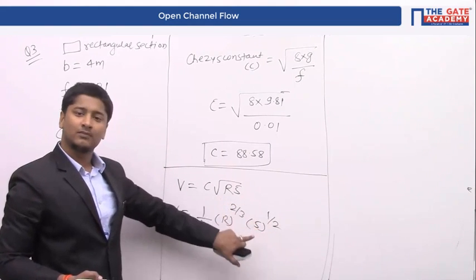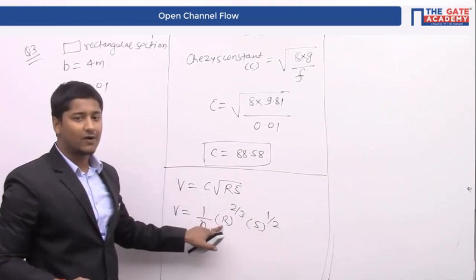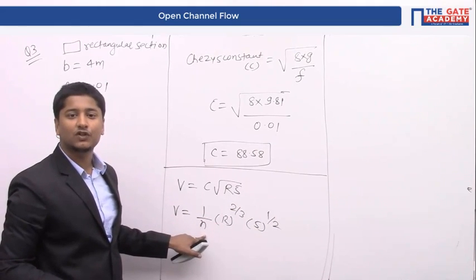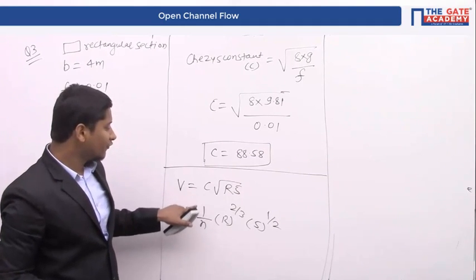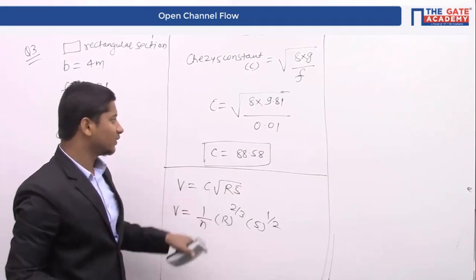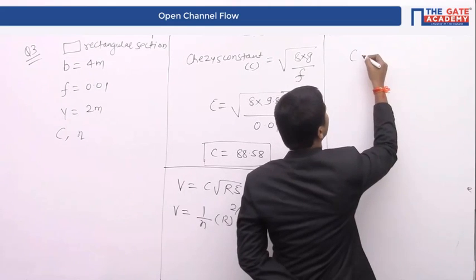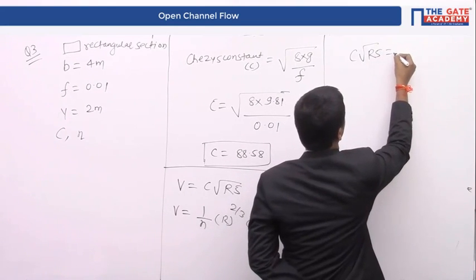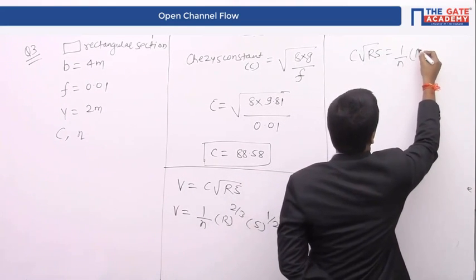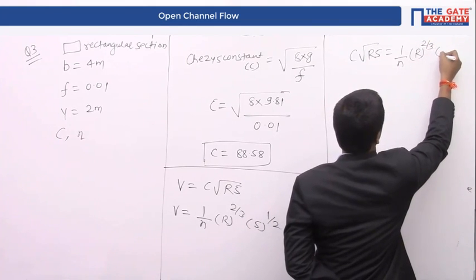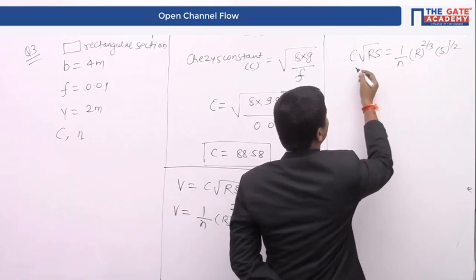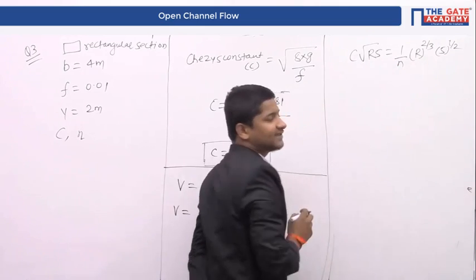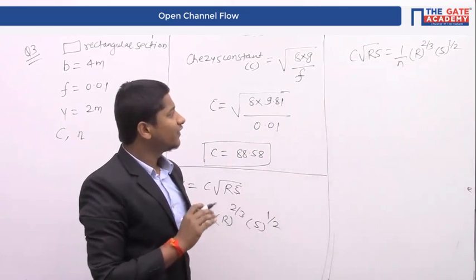You can see root under S is on both sides, left and right, so we can cancel that part.